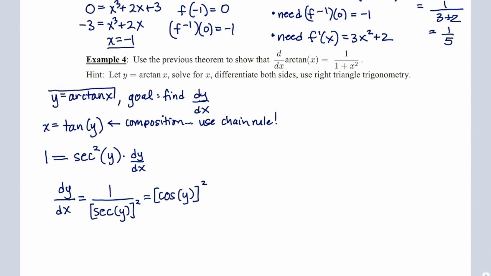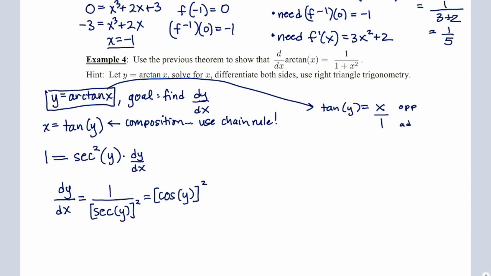And our original assumption was that y is arctangent of x. And so we said that means tangent of y is x, which I'm going to write just for emphasis as x over 1. And what I want to remember is that tangent is the ratio of the opposite to the adjacent sides of a right triangle.